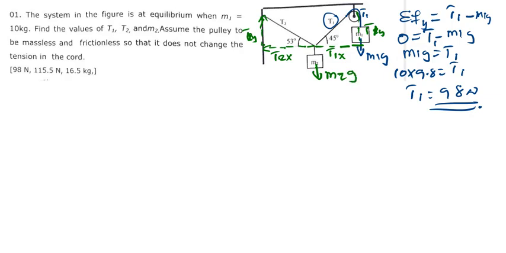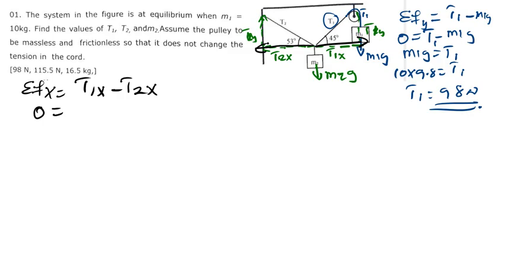So I'll say the summation of all the forces in x direction. What forces do we have? We have this force pointing to positive x-axis, that is T1x. I have got T2x pointing toward the negative x-axis. The summation should be replaced by 0 because it is at equilibrium.